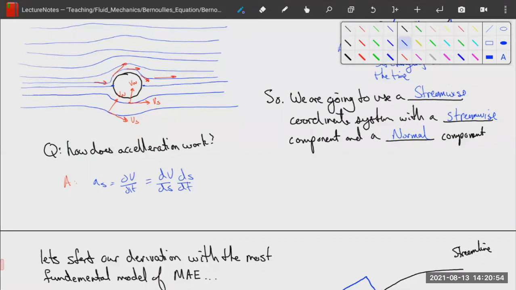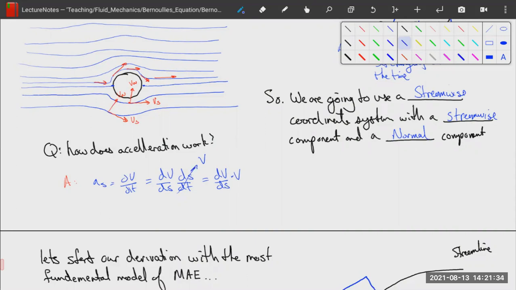It's not just the direction, it is the change in the position along the streamline as we move along it. So it is the velocity. And so what we end up getting is dV/ds times the velocity, right?